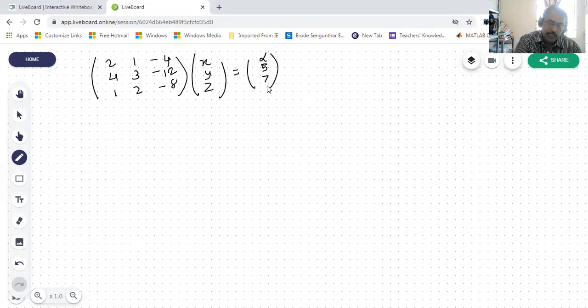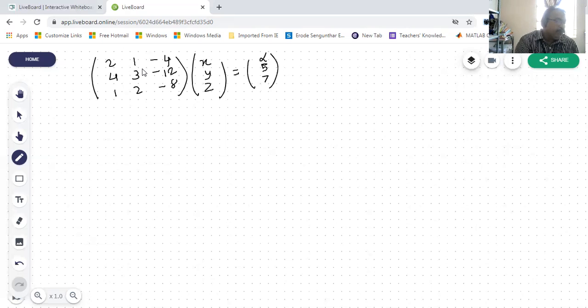Notice that the second and third columns are linearly independent. You take these two out; if you divide by 4, that is 1 3 2. So the third column and the second column are linearly independent.